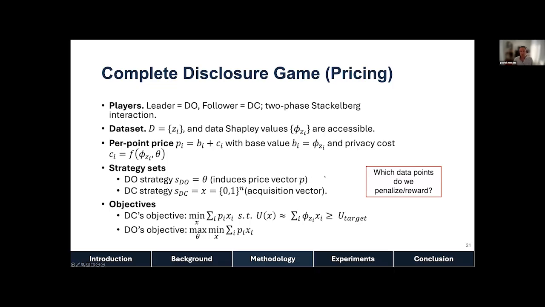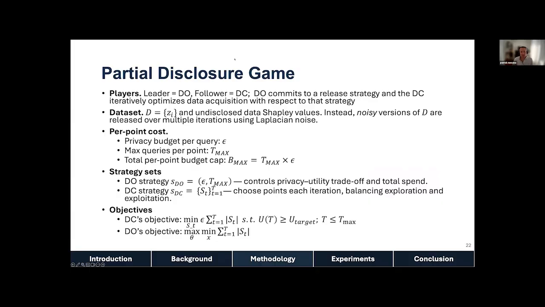That's why we moved on to this partial disclosure game, where it's a similar setup, but instead of a pricing game, the data owner releases noisy versions of the data points, and the data consumer has to decide if he wants to acquire them to achieve his goal.